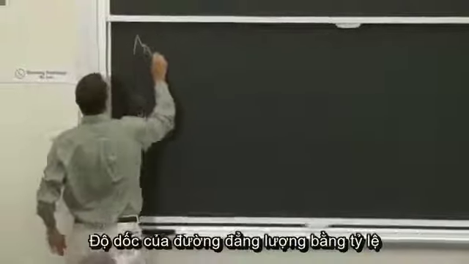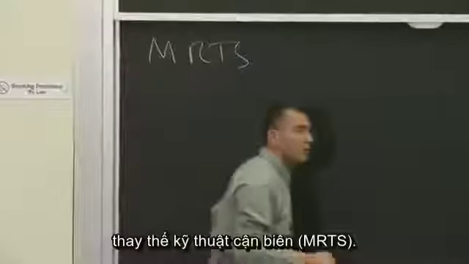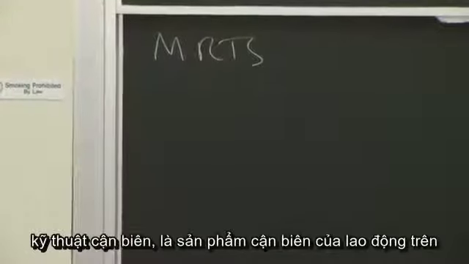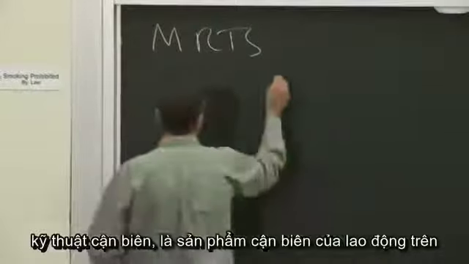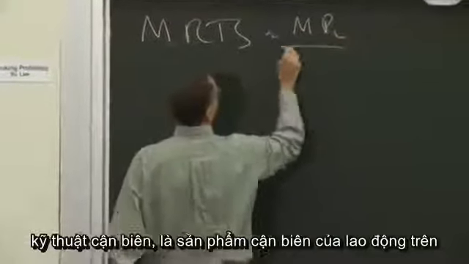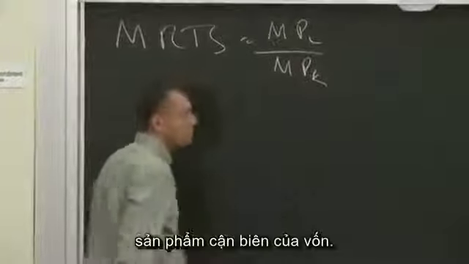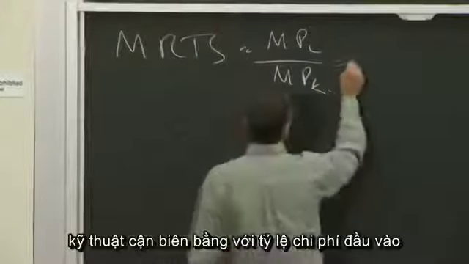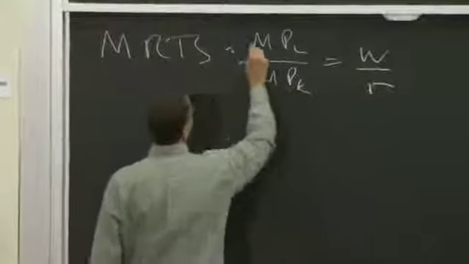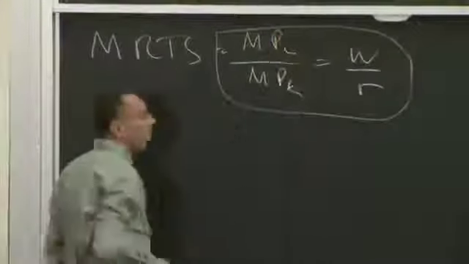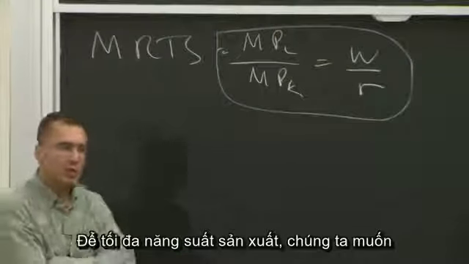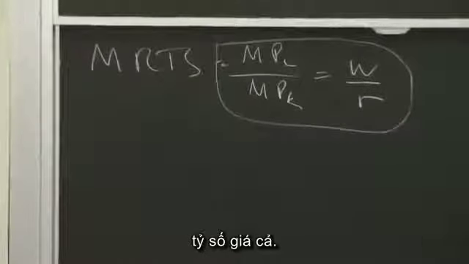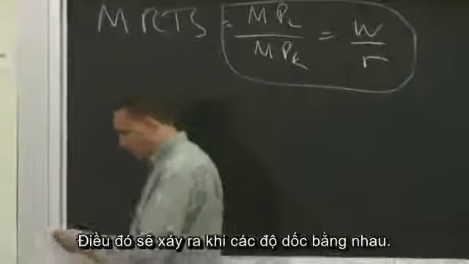The isoquant slope is the marginal rate of technical substitution, which we defined last time: the marginal product of labor over the marginal product of capital. And what we're saying is we want to set that marginal rate of technical substitution equal to the input cost ratio, W over R. The efficient thing to do is to set the marginal rate of technical substitution equal to the price ratio.